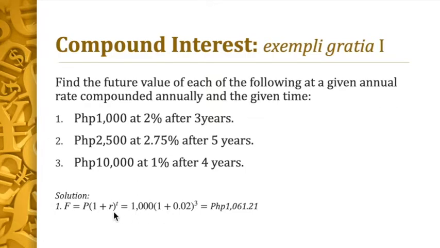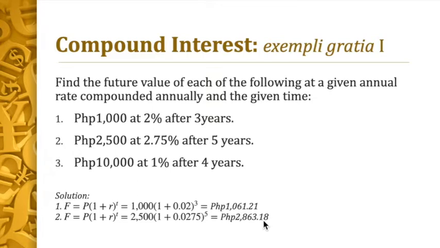Using the same formula for number two, let's have 2,500 times the quantity of 1 plus 2.75%, which is 0.0275 in decimal, close parenthesis, raised to 5, and voila, what we have is 2,863.18.